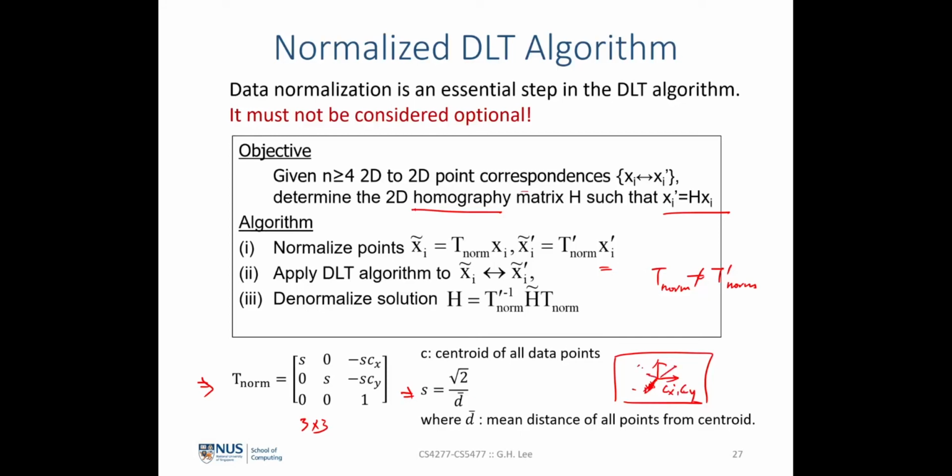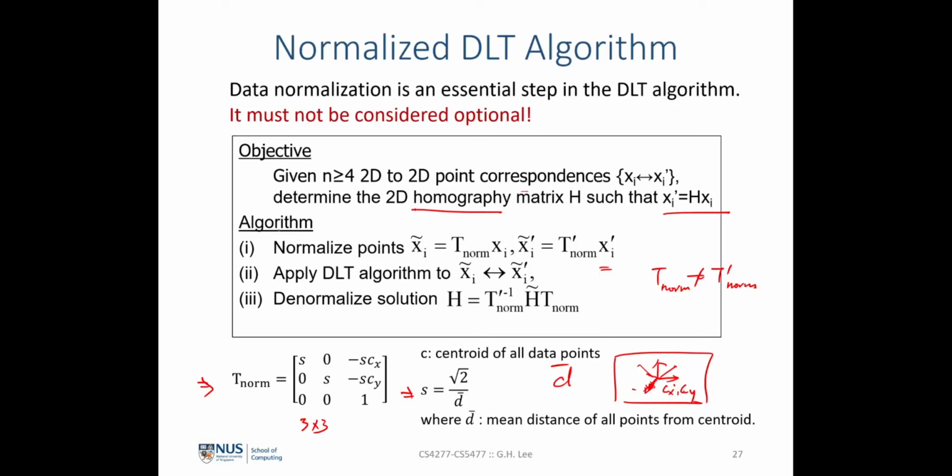We'll compute all the distances with respect to this new centroid, take the average and denote it by d bar, and compute the scale as square root of 2 divided by d bar. So by applying this transformation, we'll ensure that all the points now are centralized with respect to the centroid, and as well as their mean average distance is going to be (1, 1) from the centroid.